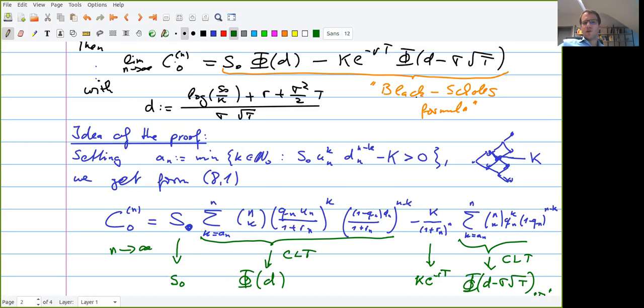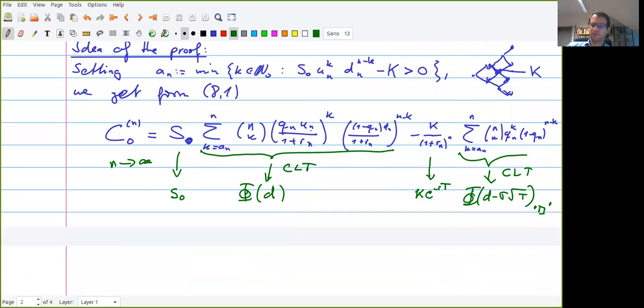The limit of the call prices in each model is S0 times the normal distribution at point d, minus the strike price discounted by the interest rate, times the normal distribution evaluated at the point d minus sigma root t. Nice.